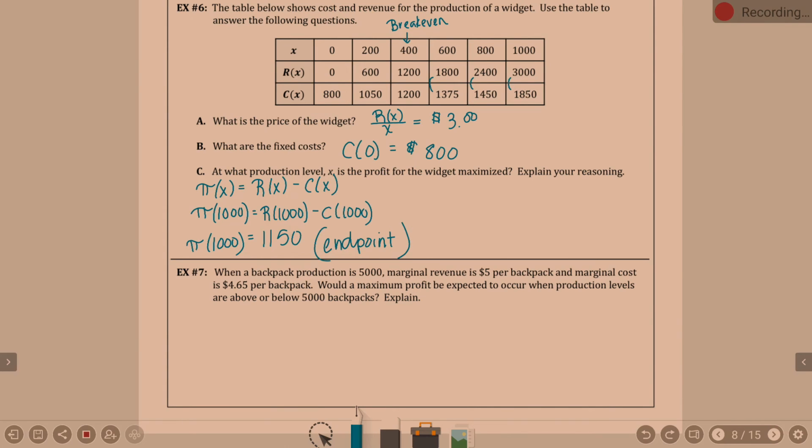Maximum profit occurs when production is 1,000 widgets. Do I need to write that out? I guess it does. Maximum profit occurs when 1,000 widgets are produced.